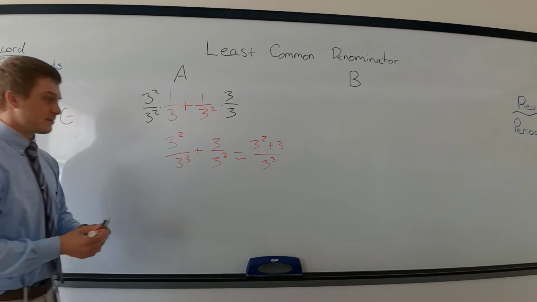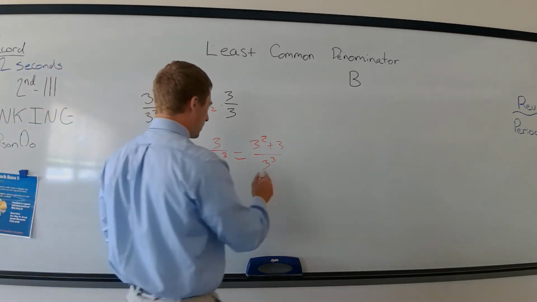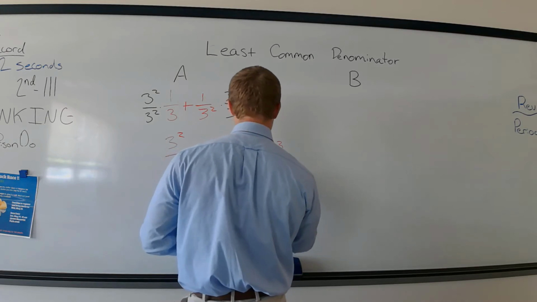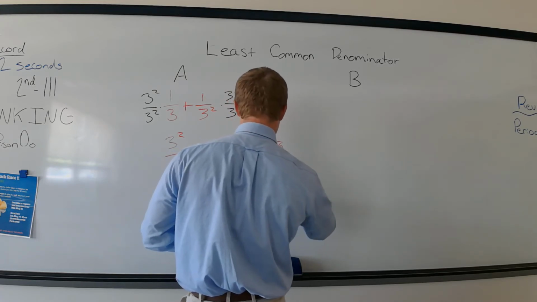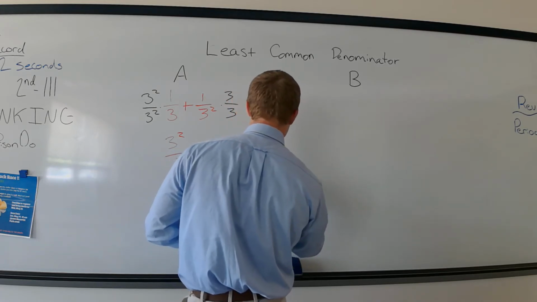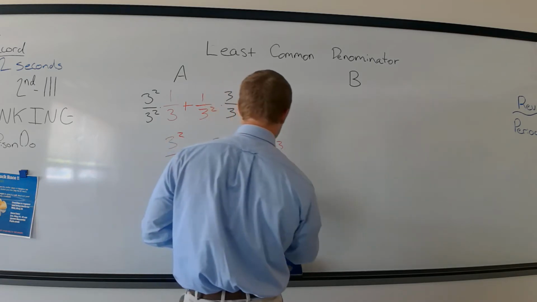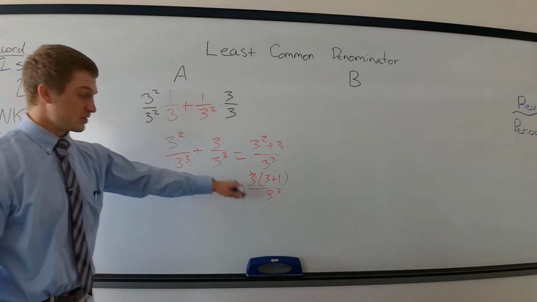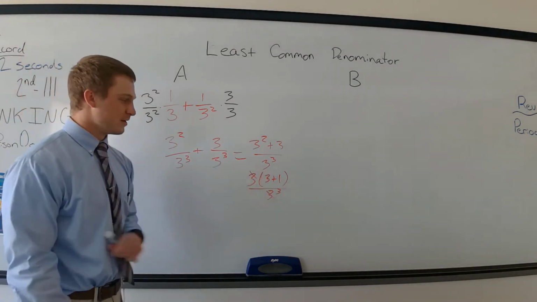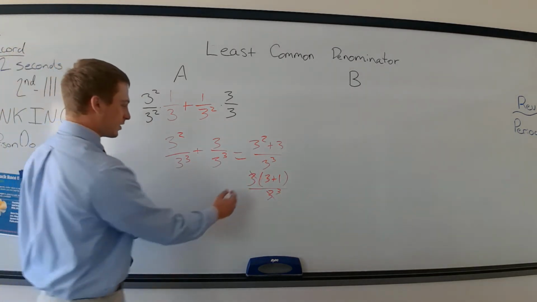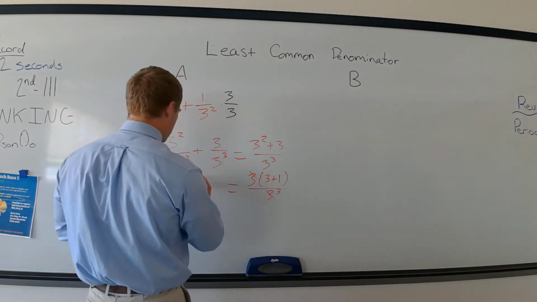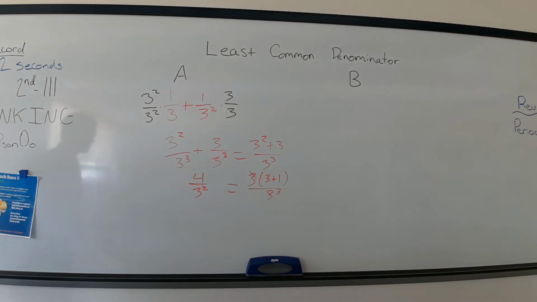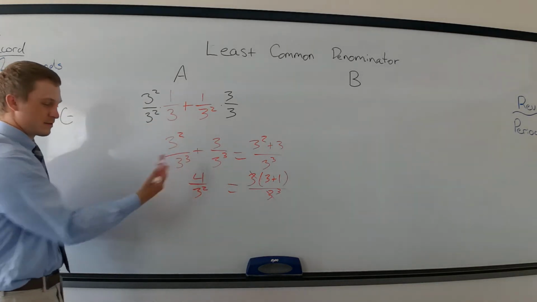If I pull out a 3, I'll have 3 times the quantity of 3 plus 1, over 3 cubed. One of those 3's is going to cancel, so I'll be left with 3 squared in the denominator, and then 3 plus 1 is 4. So 4 over 3 squared. It's kind of all over the place, but there's our final answer.